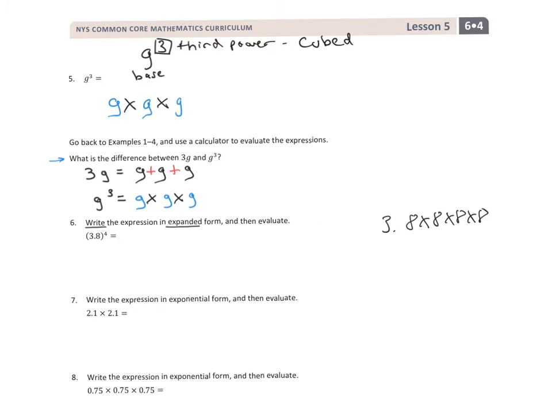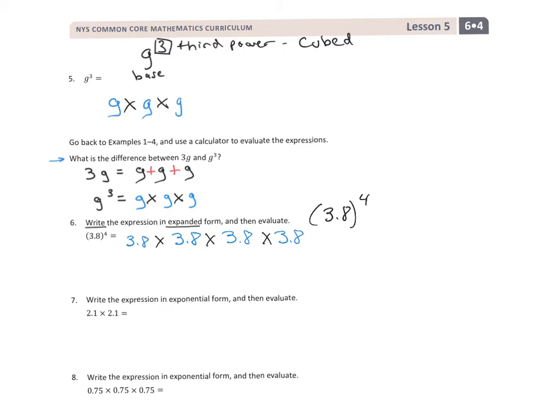So to make sure that we're sure about what we're doing, and we don't write it wrong, we write it with 3.8, put parentheses around it, and then raise to the fourth power. So the way that looks when we're writing it out is 3 8/10 times 3 8/10 times 3 8/10. And we have to do it 4 times, so you always want to make sure you've written it the correct amount of times.